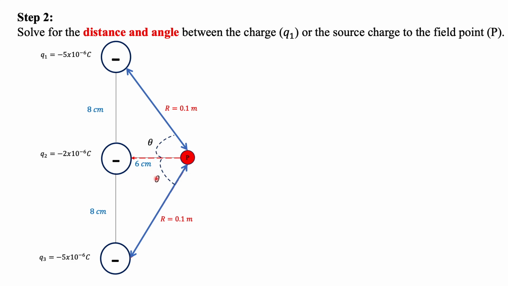But how do we get this angle? If you recall your cosine function, cosine is "ka" from our mnemonic, right? So cosine means you take the adjacent over the hypotenuse. If I take the cosine of this angle, my adjacent is 6 centimeters, because that is the side next to it.